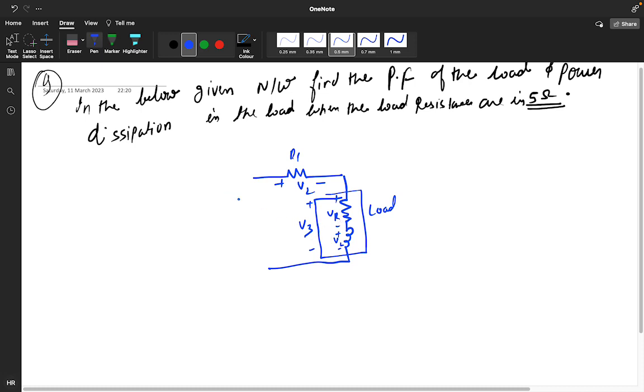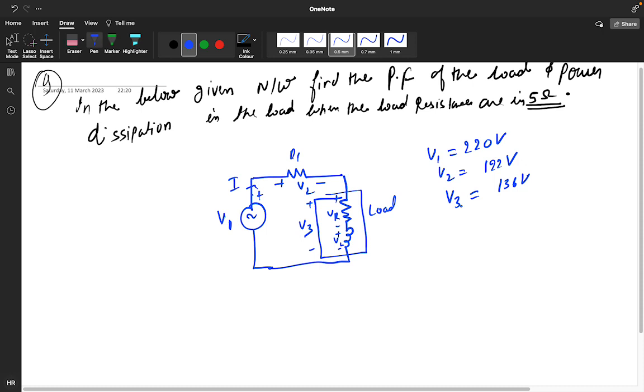In this circuit, V1 is positive and suppose current I is going. The value of V1 is given as 220 volt, V2 is given as 122 volt, and V3, the overall load voltage, is given as 136 volt. A load resistance is also given, load resistance is 5 ohm.